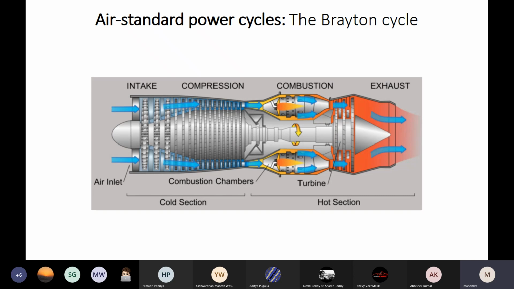Usually the compression ratio is 1:40 in nowadays engines, and earlier engines were around 1:20. These aircraft are running at a higher altitude, like 30,000 feet, where the atmospheric pressure is less, not like our ambient. So it will be scaled up to 30 times, and the maximum pressure would be 8 bar or 9 bar.